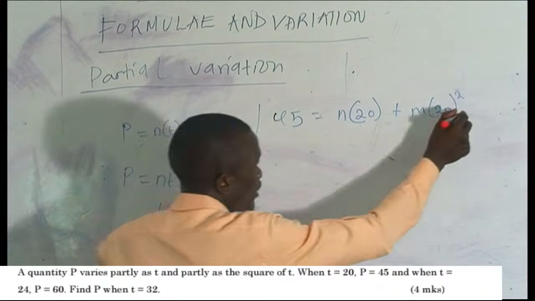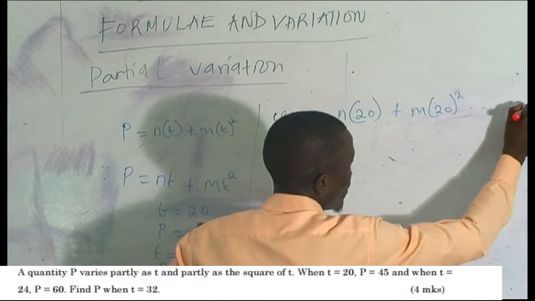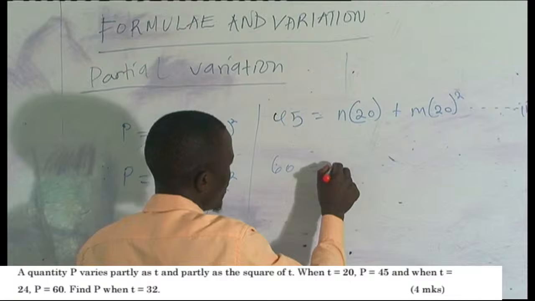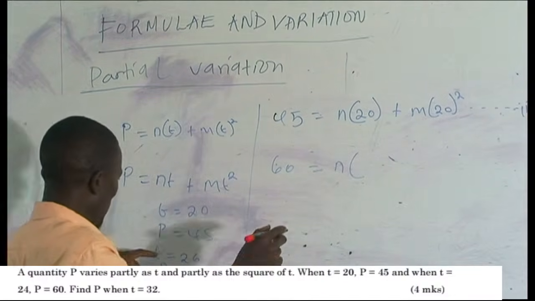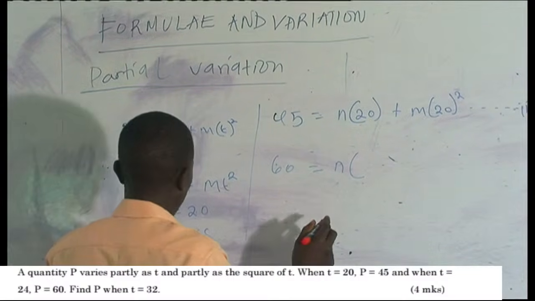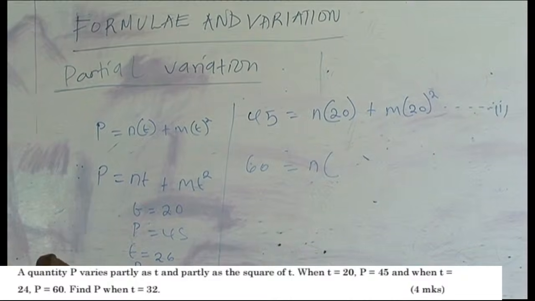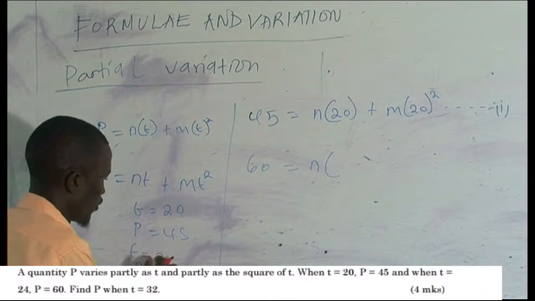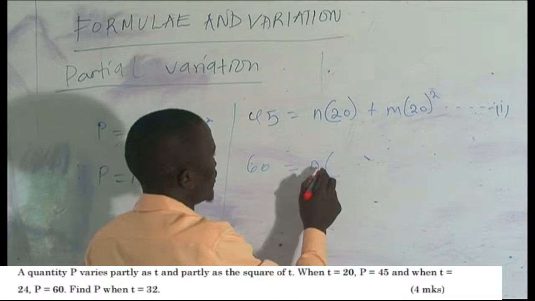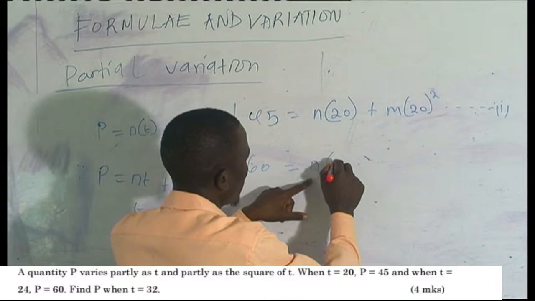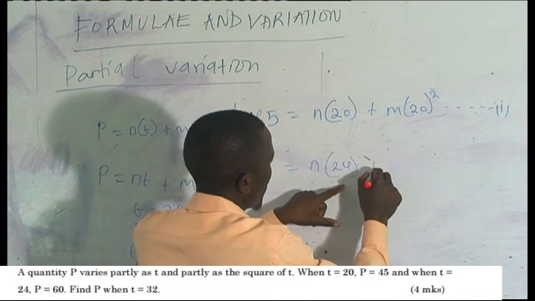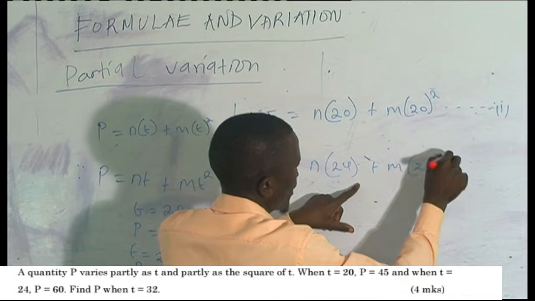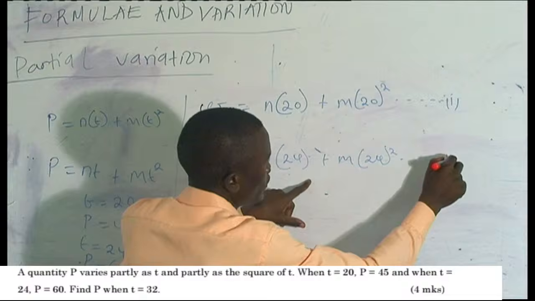This one will give us equation number 1. Then equation number 2, we have 60 when t is 24. Then plus m into 24 squared. This one is equation 2.